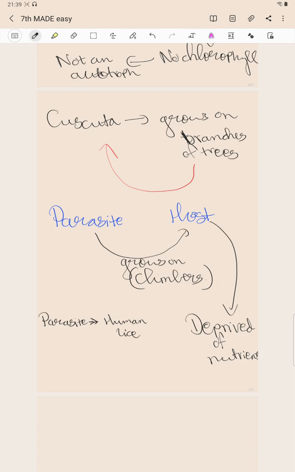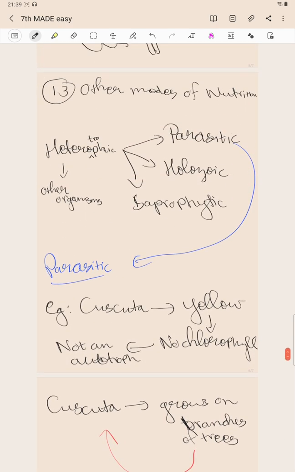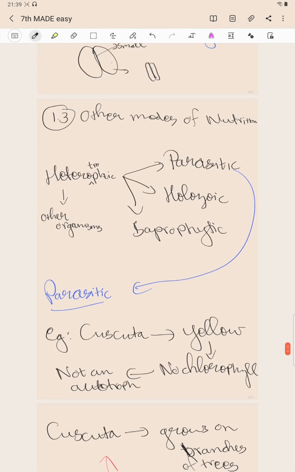So it is considered an example of a parasite because it depends on a living host and deprives the host of nutrients. Meaning animals can be parasites, plants can be parasites. Here what we discussed is plants having a different mode of nutrition other than autotrophic mode of nutrition. One within heterotrophic nutrition is parasitic.